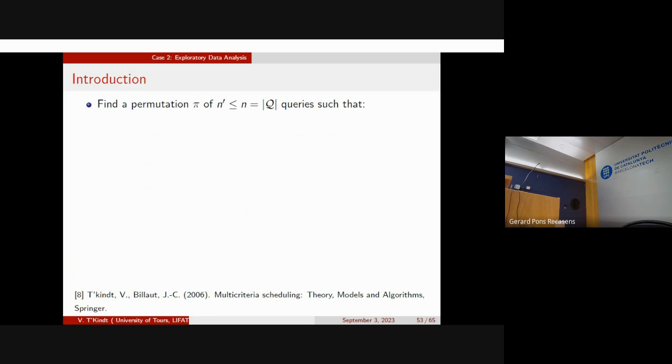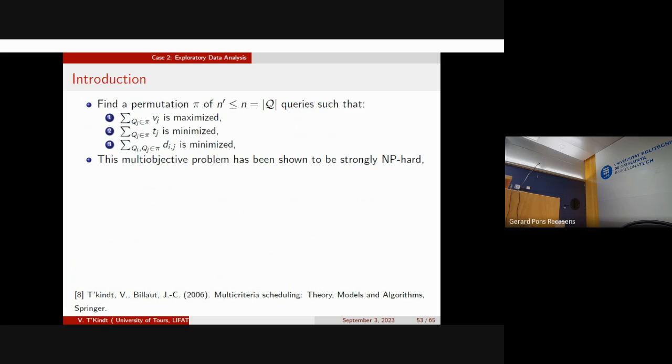And so our problem is just to find a permutation P' of n' queries, n' being smaller than n, the number of all the queries that we are given, such that among this permutation, we have maximized the total interest of these queries. We have minimized the total processing time of the queries that we have selected. And we minimize also the difficulty to understand P', so the sum of the distances between the selected queries. Okay, that's the plan that we have.